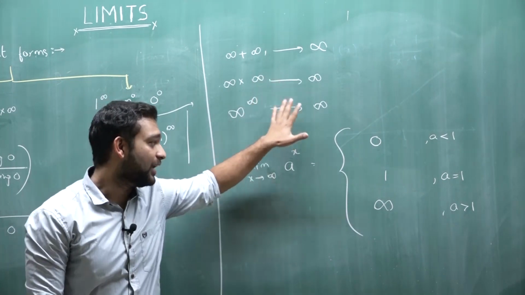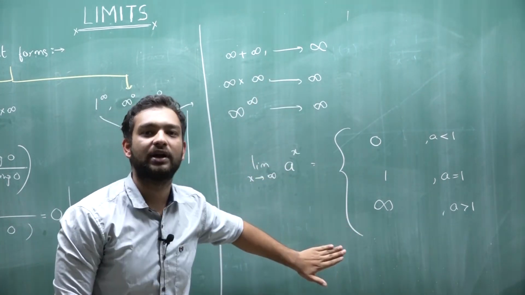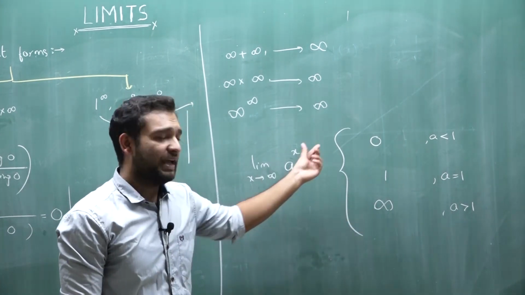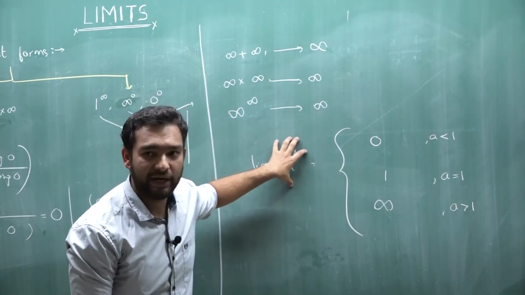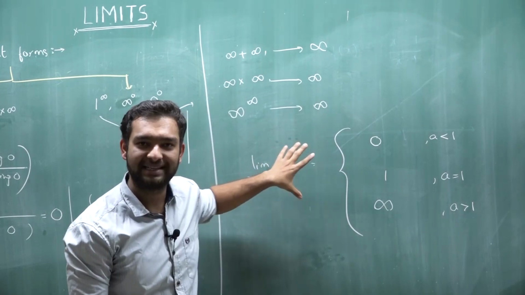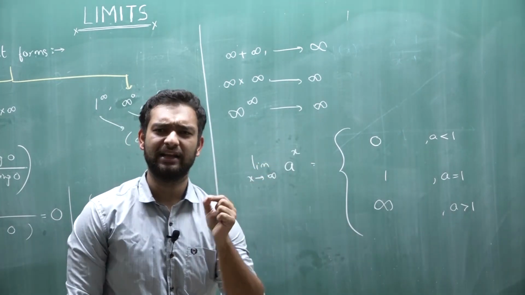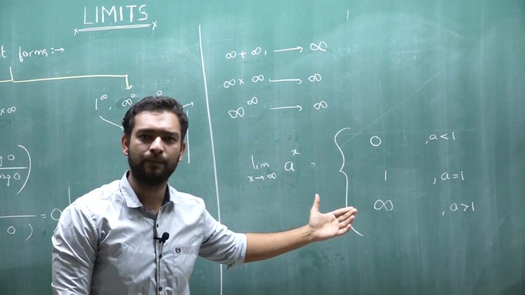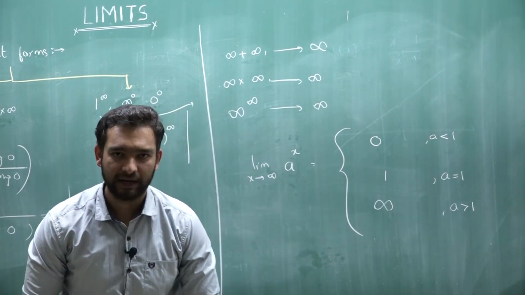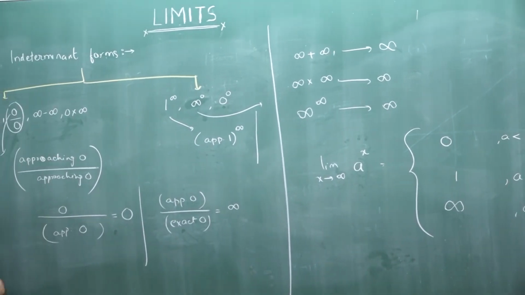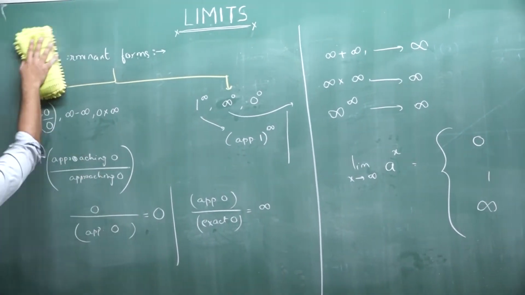So whenever you get these types of terms, you'll write that if a is less than 1, this value will be tending to 0. If a is exactly 1, this value will be 1. And if a is even slightly greater than 1, this whole value will be tending to infinity. Clear? Okay, so now we'll look at some example graphs before moving into indeterminate forms in detail.